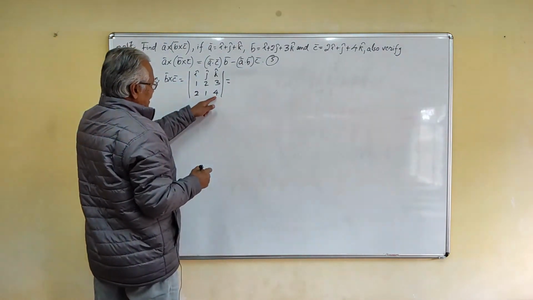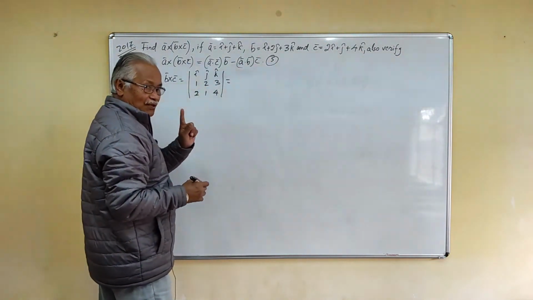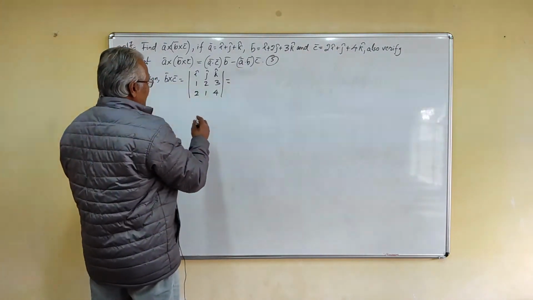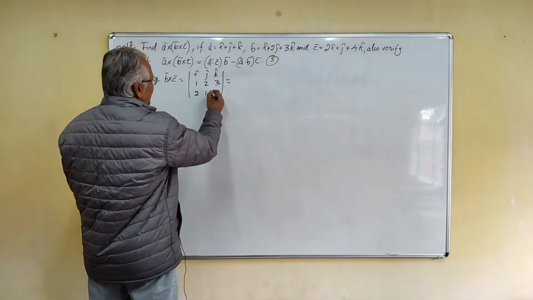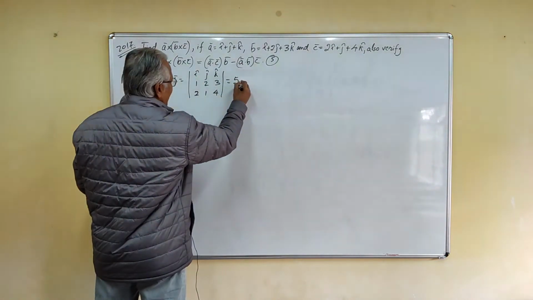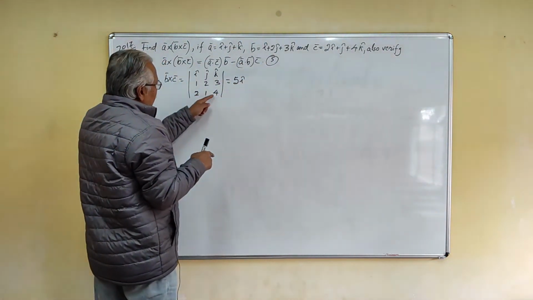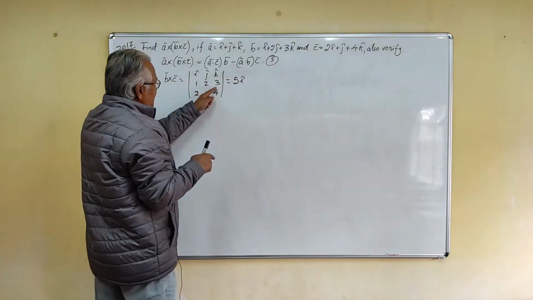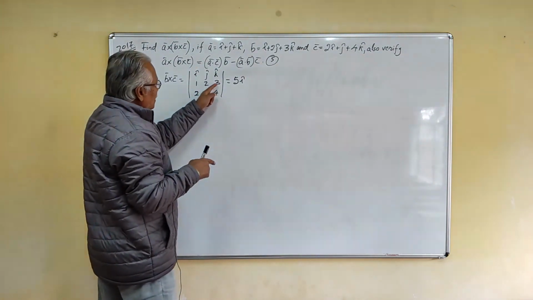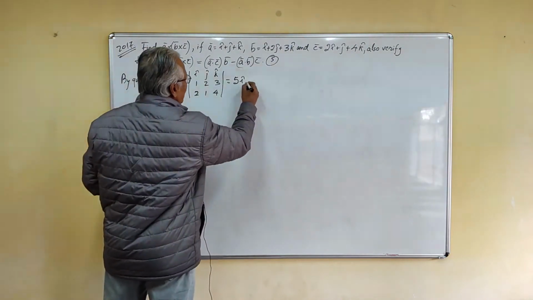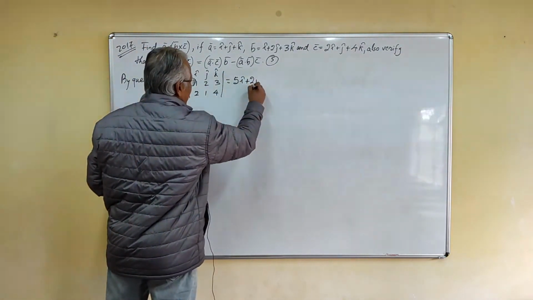So 2 4s are 8, 8 minus 3 is 5, so 5I takes the first place. Minus J times 4 minus 6 will be minus 2, and minus minus will make plus 2J.